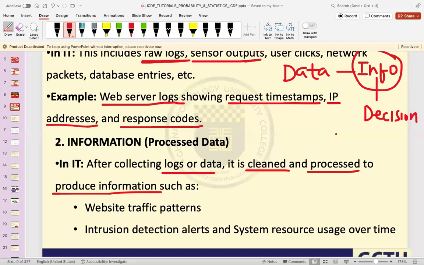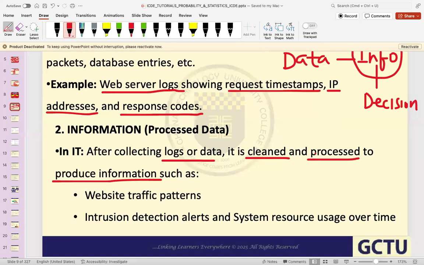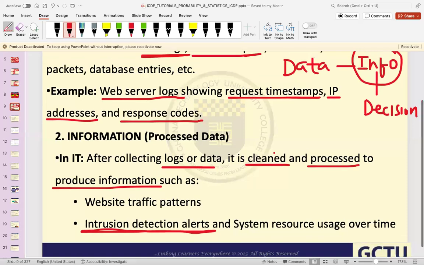Some of this information is what we use in our various homes. Example, intrusion detection alerts. When you have an alert, it means something has happened. Some data has been processed by a system, and something has been tampered with, so something will have to check it at the end of the day. So data always will produce information.